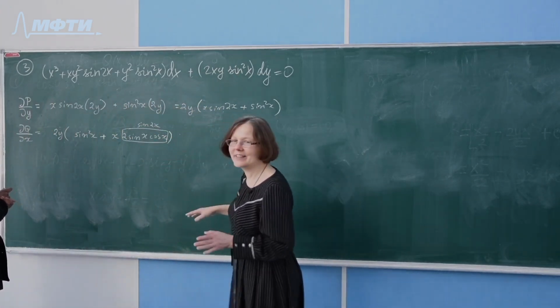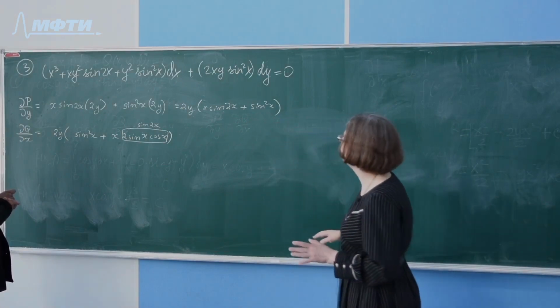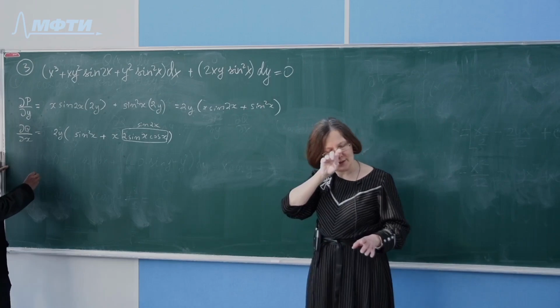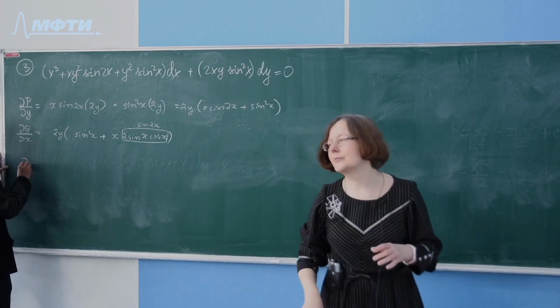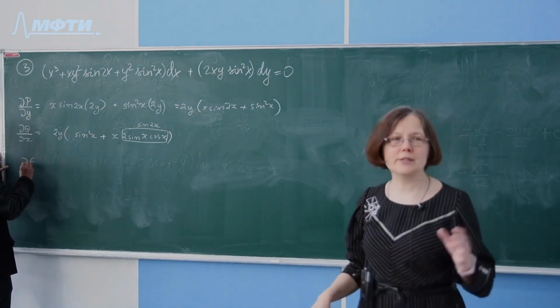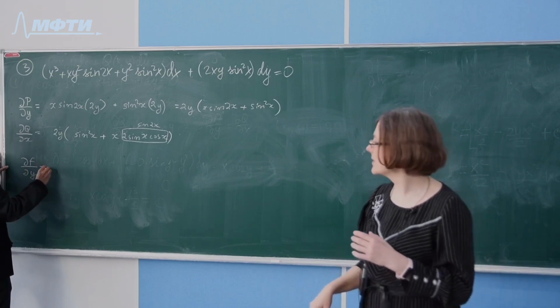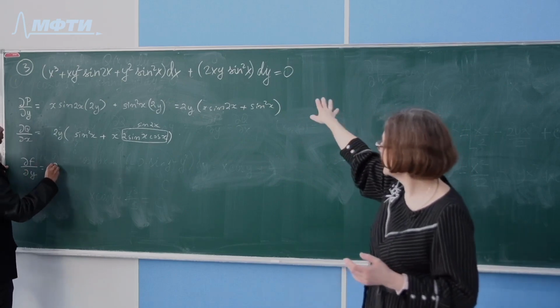So I think in this case it's more convenient to start with this formula, right? So if we take x0, y0 to be 0, 0, then it's more convenient to start with that formula.